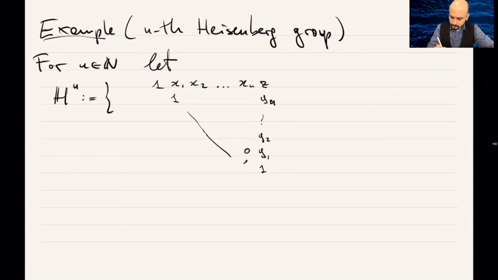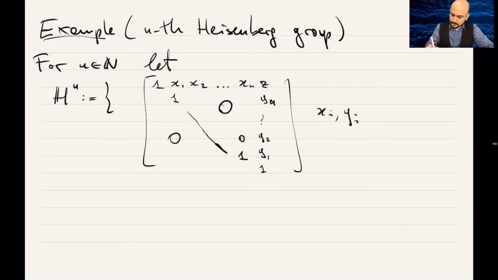All the rest are zeros. So this is an (n plus 1) by (n plus 1) matrix. The variables are the xi's, yi's and z, real numbers.